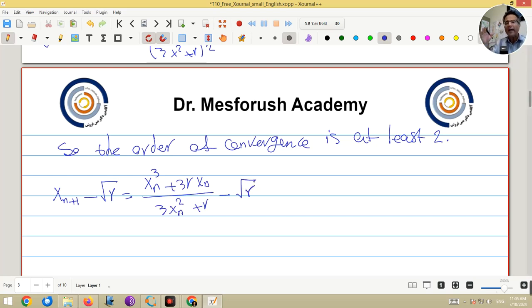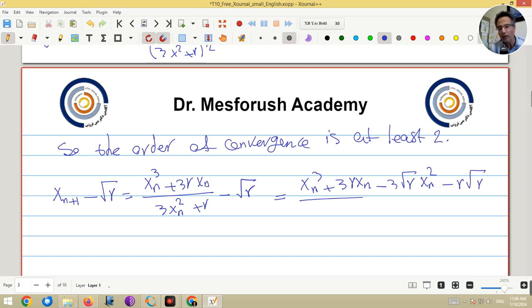In fact, I add minus square root of r to both sides of the sequence. Okay, and let me simplify the right hand side. It will be (x_n cube plus 3r x_n minus 3 square root of r x_n squared minus r square root of r) over (3x_n squared plus r).